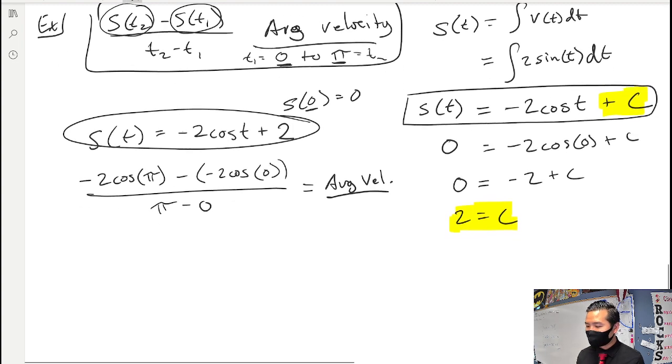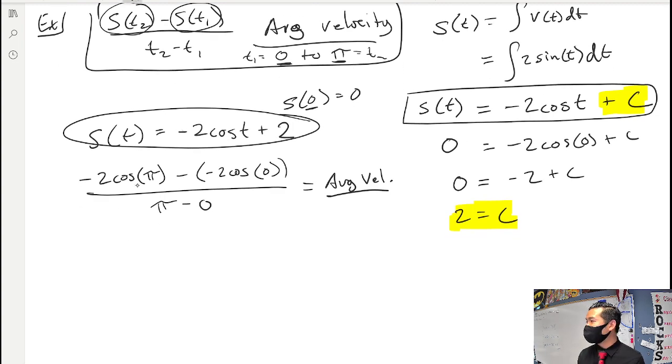We're almost there, I promise. What is cosine of pi? Negative 1. So negative 2 times negative 1 is going to give me 2. Cosine of 0 is 1. 1 times negative 2 is negative 2, but minus a minus becomes a positive 2. And what's pi minus 0?